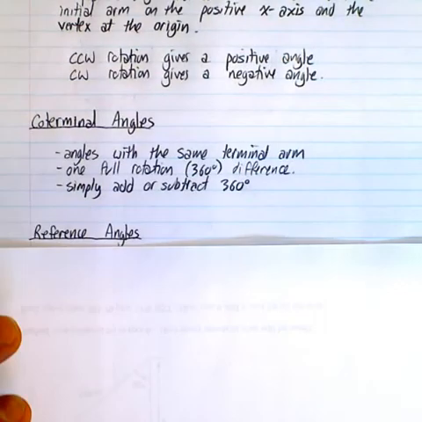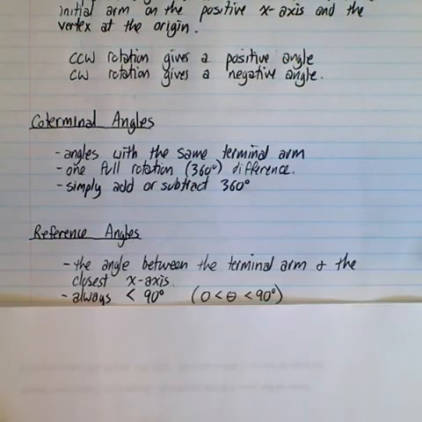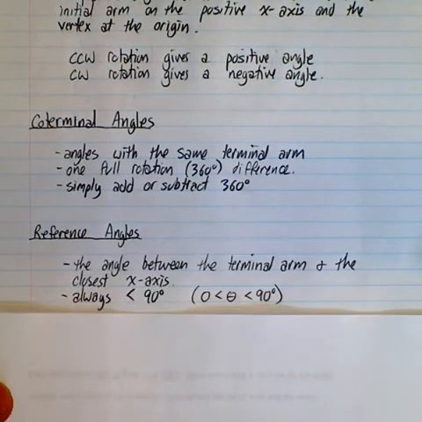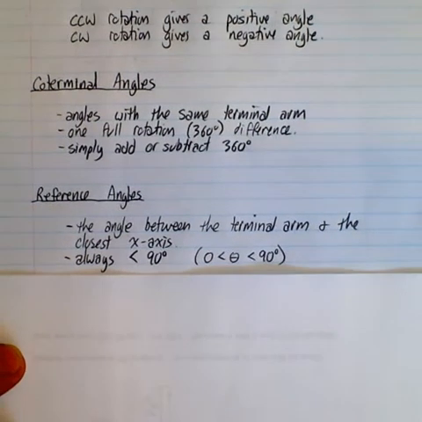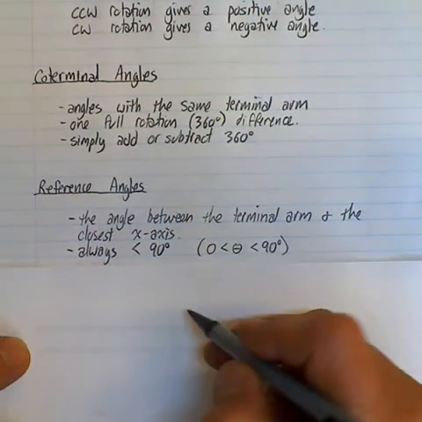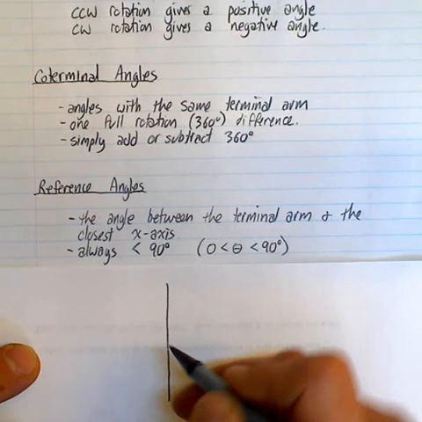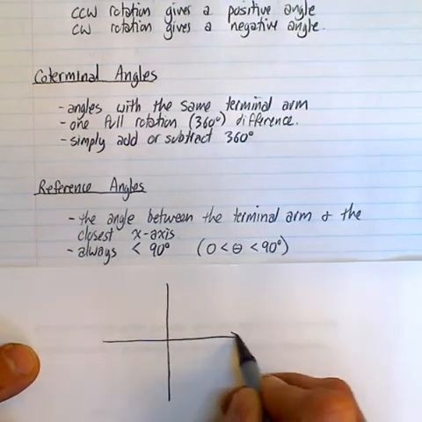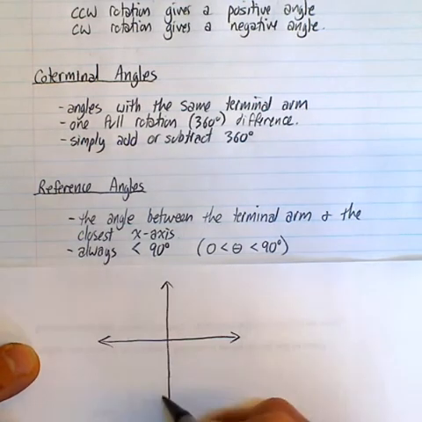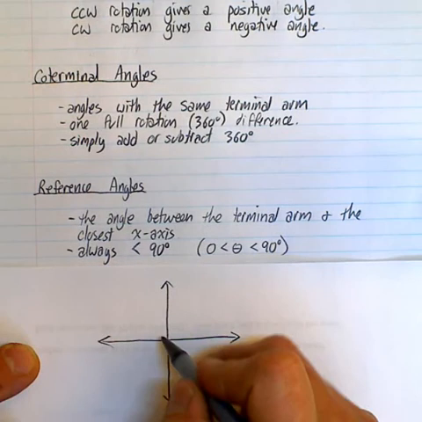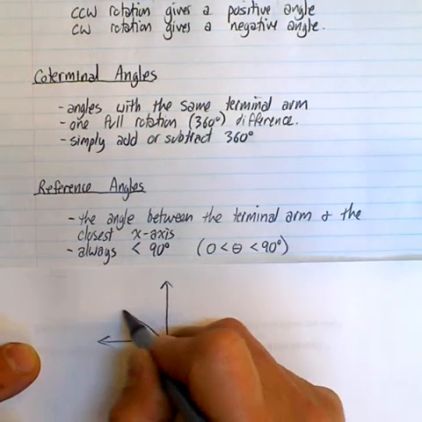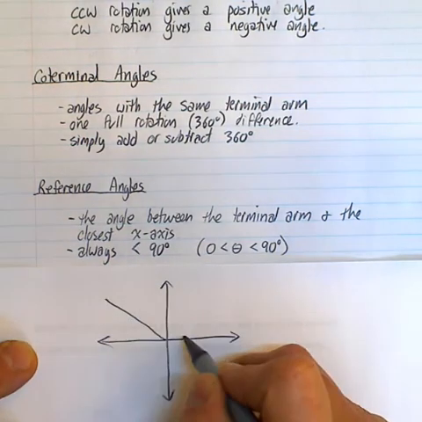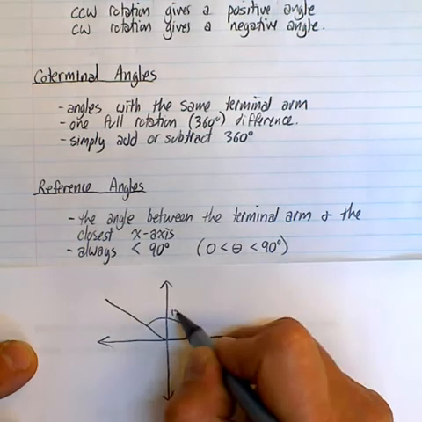Reference angles are the angle between the terminal arm and the closest x-axis, and they're always less than 90 degrees. So I'm going to give you a couple diagrams here. We're going to start with this one right here. If I have an angle over here, we'll call that 150 degrees.